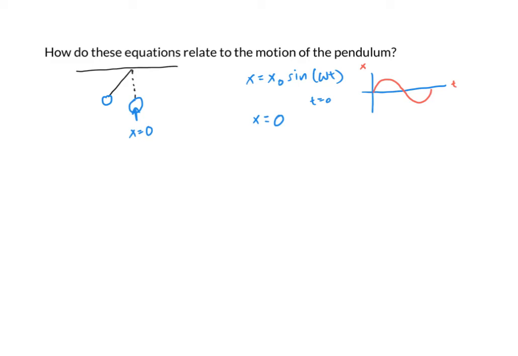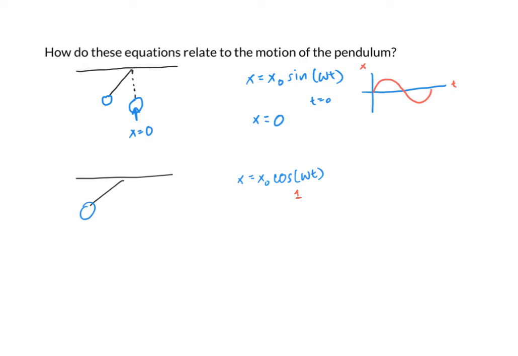But what do I do if I want to start at my maximum point instead? Well, instead of sine, let's look at cosine. Let's see what happens if I write x is equal to x naught times the cosine of omega t. The reason I chose this equation is because at t equals 0, cosine is 1.